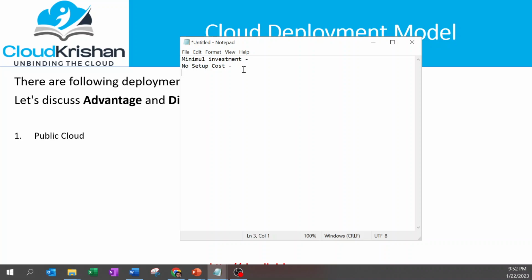The third benefit we can talk about is infrastructure management. Because this is a public cloud, you don't have to worry about infrastructure management.